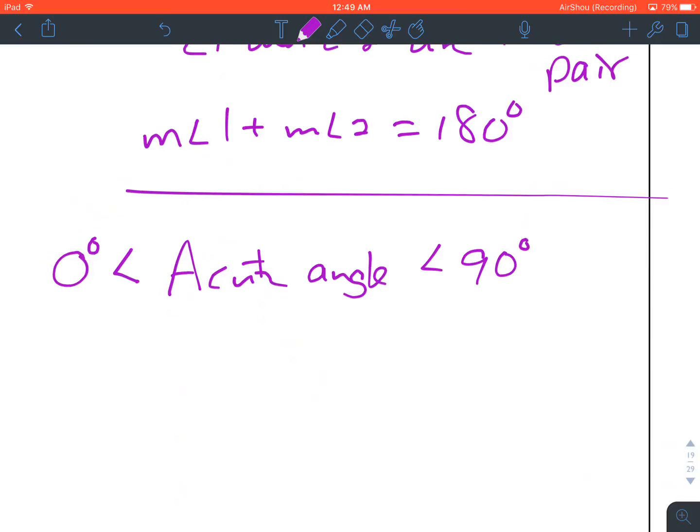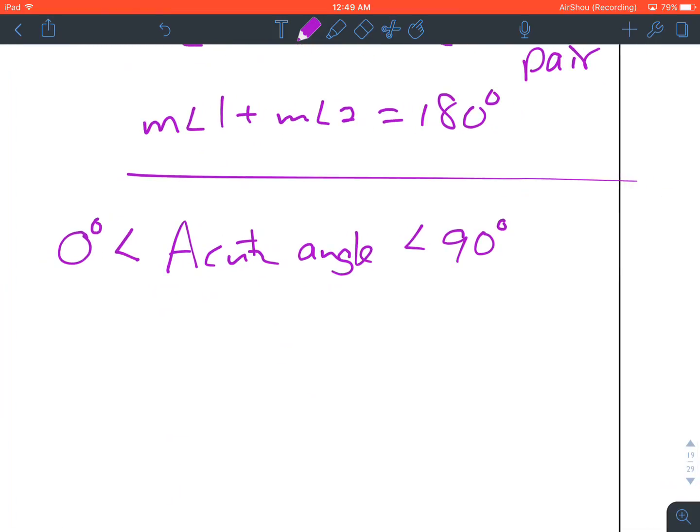An obtuse angle is an angle that is greater than 90 degrees. Let me rewrite that. It's greater than 90 degrees, but it's less than 180.